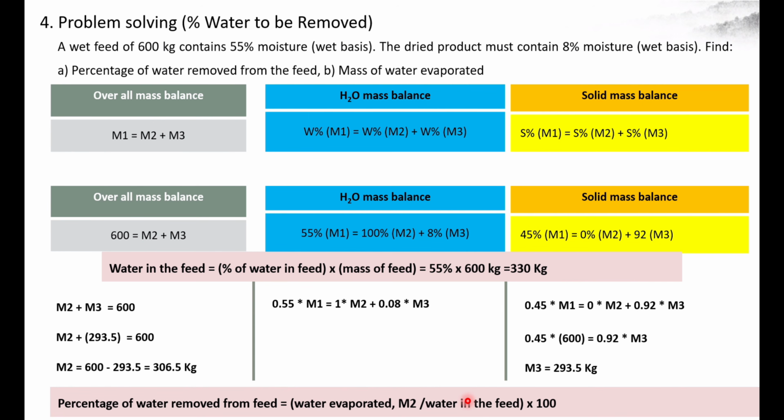It comes to be 306.5 divided by 330 times 100, which is 92.9%. So the ratio times 100 gives me the percentage of water removed from the feed.